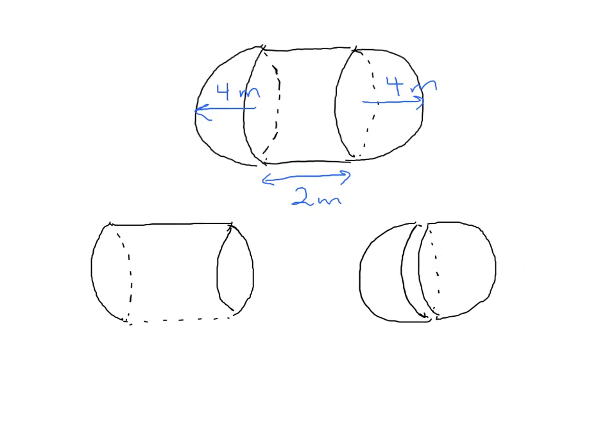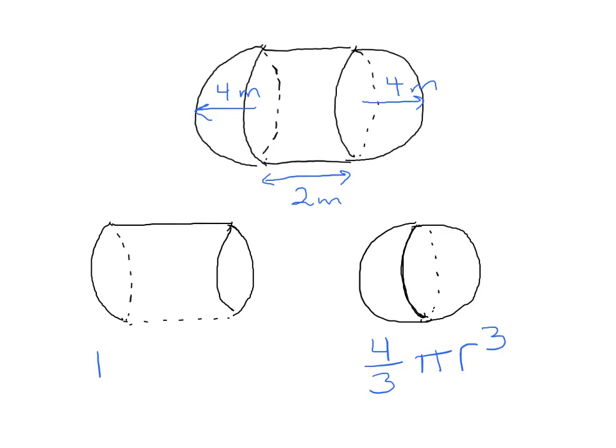When we combine the two half spherical ends, we end up with a whole sphere, and we know the volume of a whole sphere is 4/3 pi r cubed. We also know for a cylinder the volume formula is pi r squared times h, which in our case is the length of the cylinder.